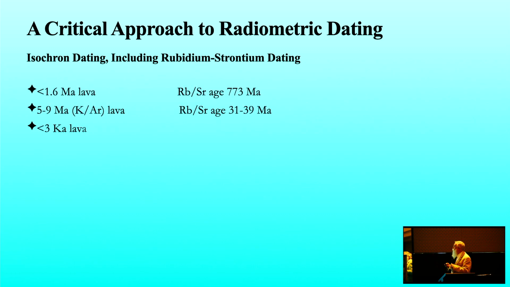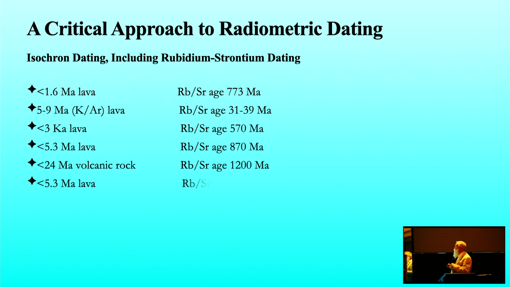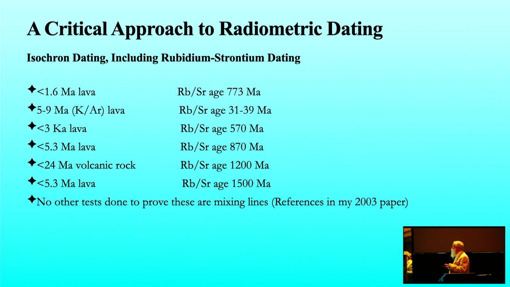Wait a minute, I guess we're having some fun. Okay, and you can see there's a whole list of them. This was not collected by a creationist. This was collected by a person who believed in long ages. And nobody does any tests. They just say it has to be a mixing line because it couldn't possibly be real. 5.3 million year old lava, rubidium-strontium age, 1.5 billion years.